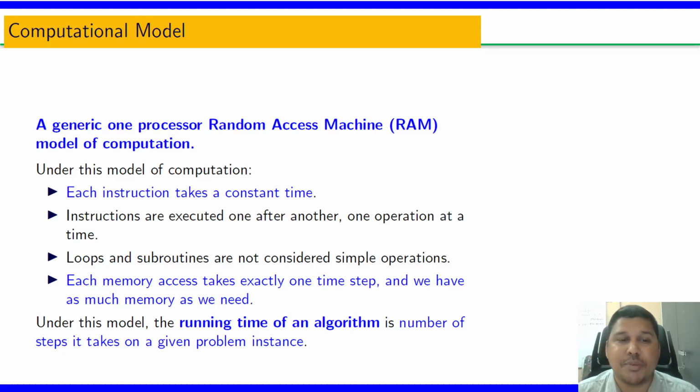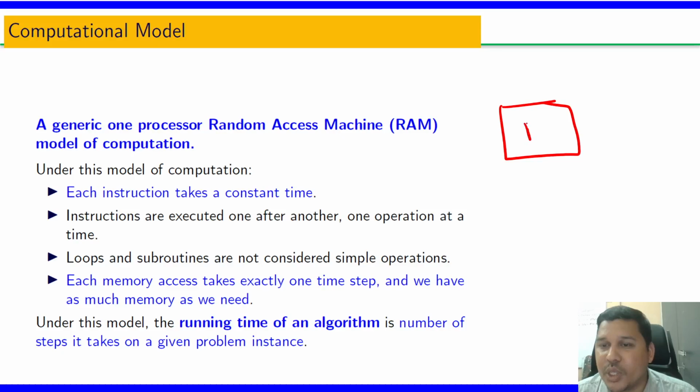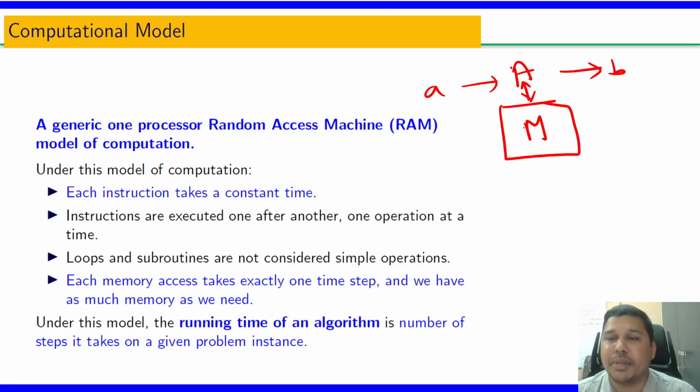So computation model. Now let's try to understand. See, I am saying you have a machine M, you are working on a machine M, you have one program or algorithm, I will say, which you are running in this machine. So you give the input, you get the output. So you are executing this algorithm in the machine M. Assume this machine follows the RAM model of computation.